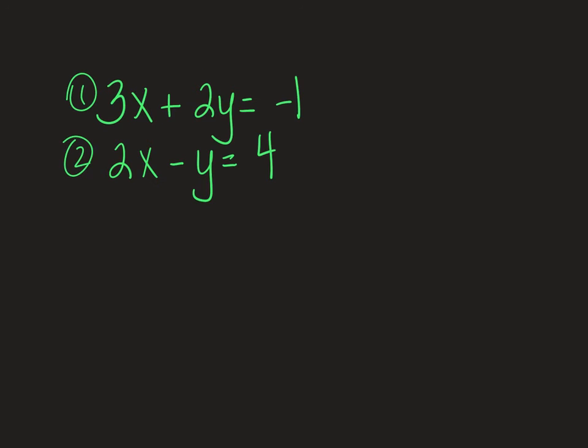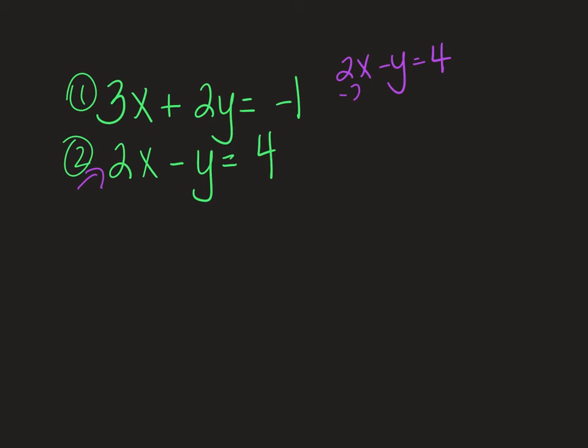Like I said before, I'm going to choose the one that I want to work first, and I think I will go with number 2. So this is where I'm going to start: 2x minus y equals 4.